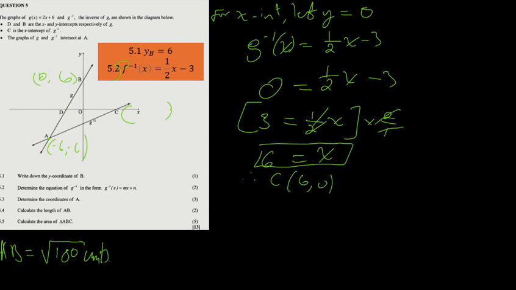You get that? Here we have (6, 0). If you notice, here we have (0, 6) and here we have (6, 0). That means this is nothing but a reflection of this one.